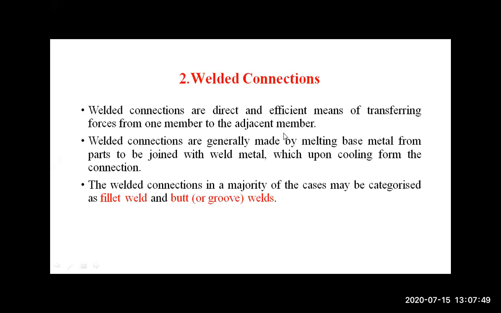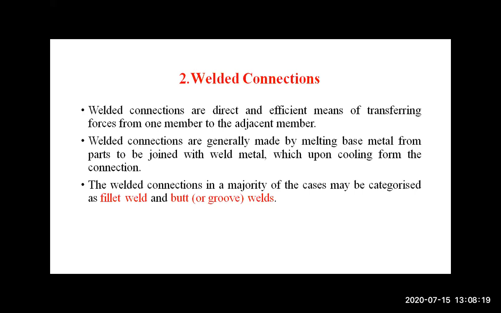But if we learn technically what a welded connection is, generally it is the connection transferring force from one member to another member. As we have seen in the bolted connection, we placed the bolt for the connection of two plates, and the two main plates are under loading in opposite directions, and the load comes on the bolt.